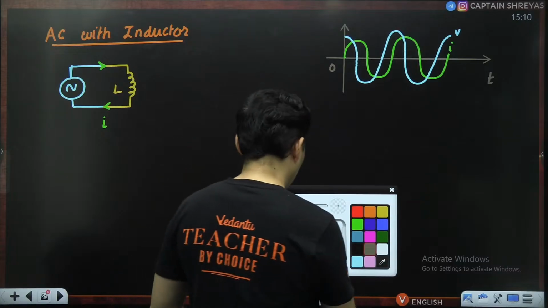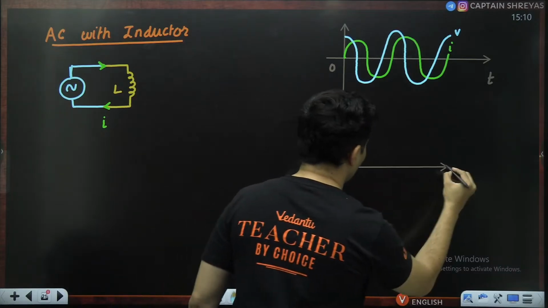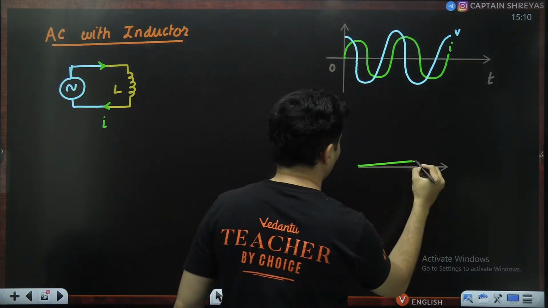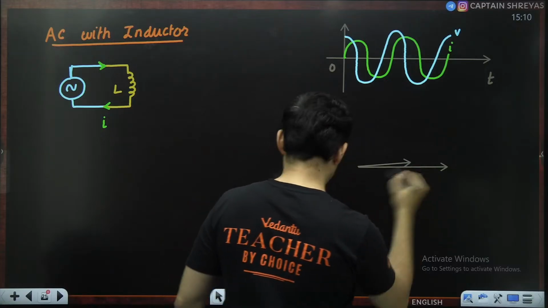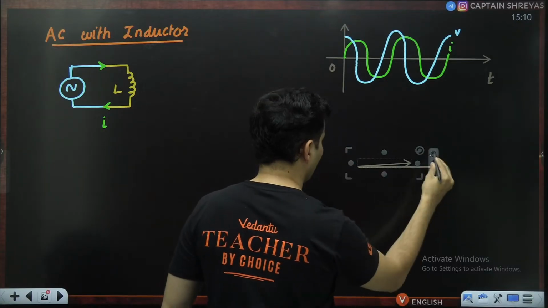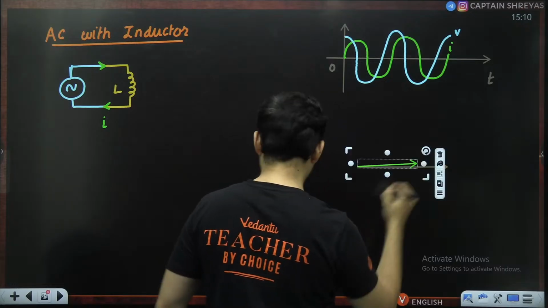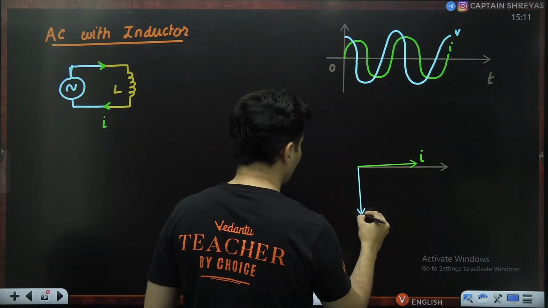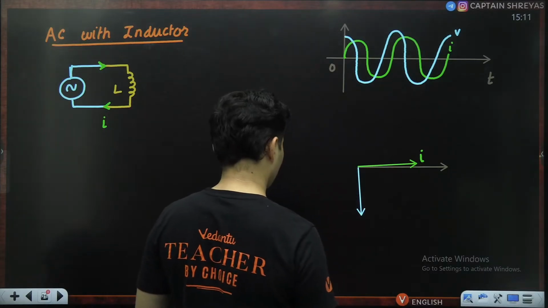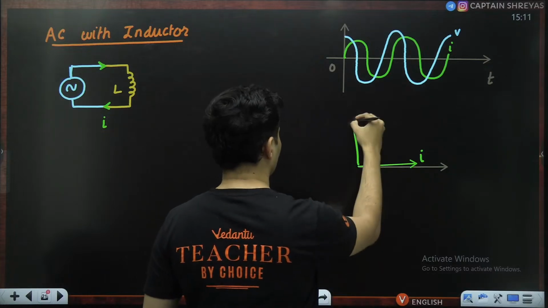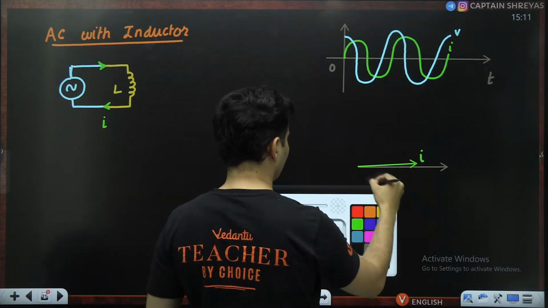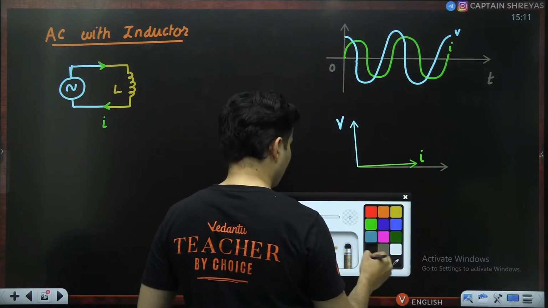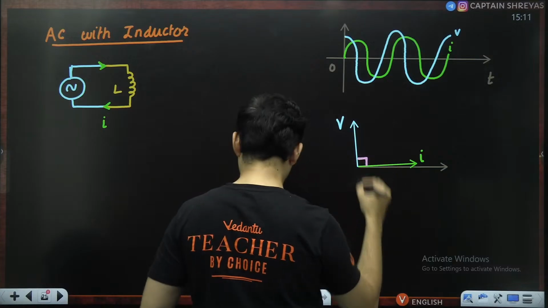Here, if you show the phasor diagram, if the phasor of the current is like this, you will see the phasor of the voltage will be over here, and this would be 90 degrees.